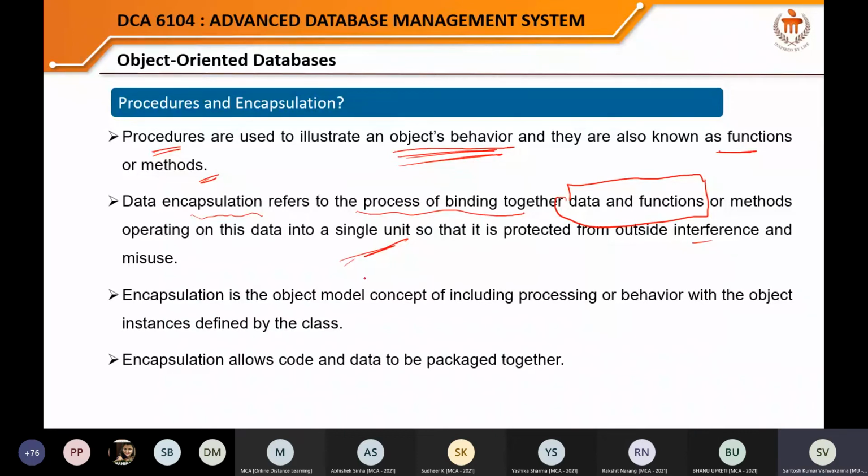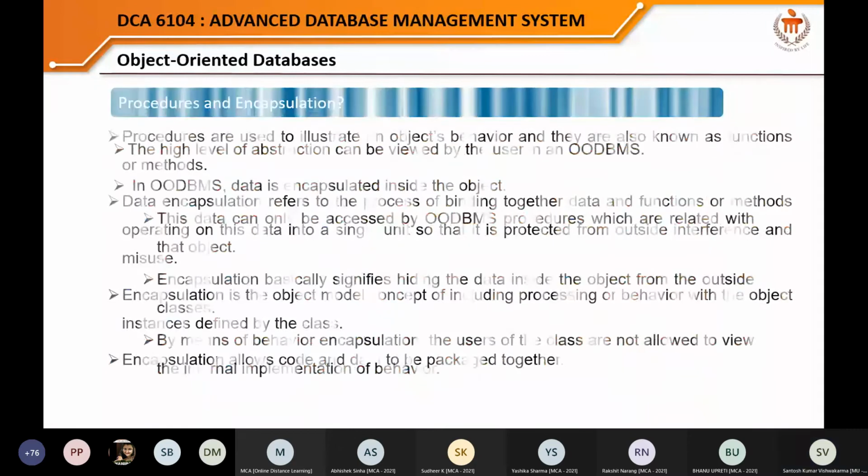Encapsulation is the object model concept of including process or behavior with the object instances defined by the class. Encapsulation allows code and data to be packed together, right? So you have your data and a piece of code, and that can be expressed through the concept of encapsulation.